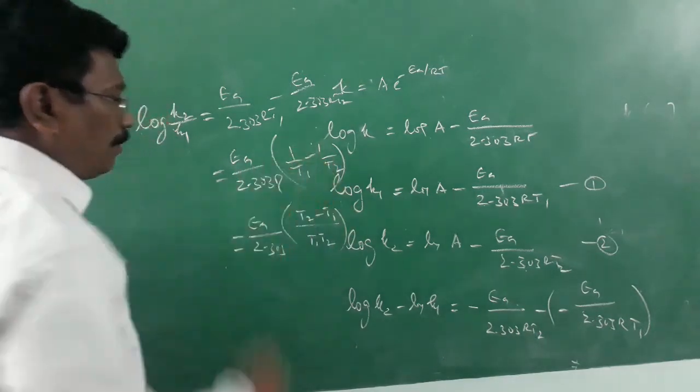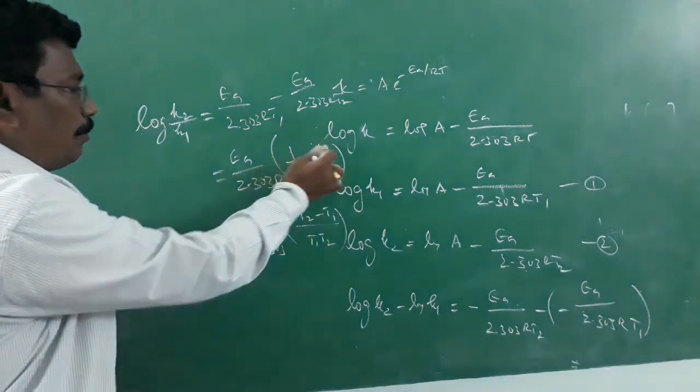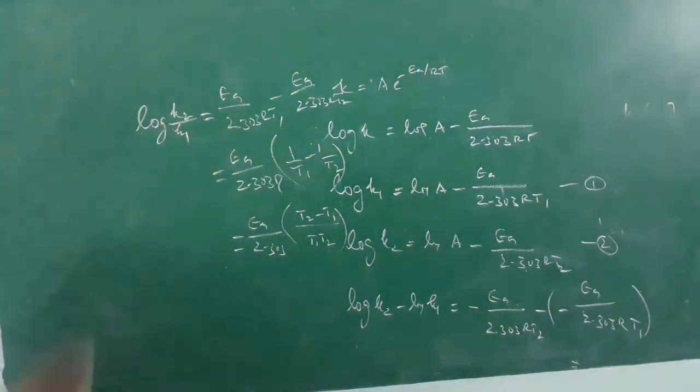If I take the common term LCM T1 T2, here you will be getting T2 minus T1. This equation you know already.